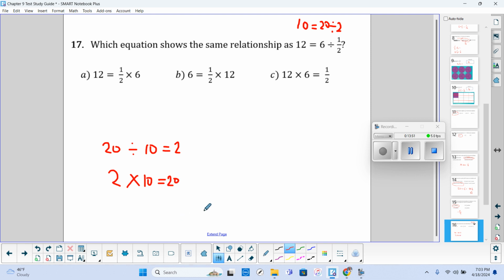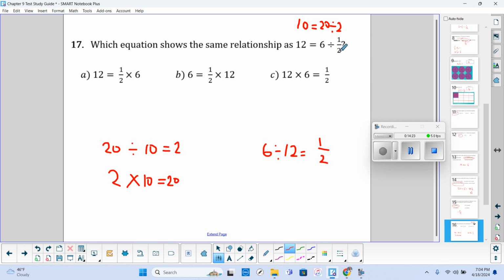So using the same setup here, 20 goes above the 6. This is the same as 6 divided by, let me take a step back, 6 divided by 12. 6 divided by 12 equals 1/2, that's true.